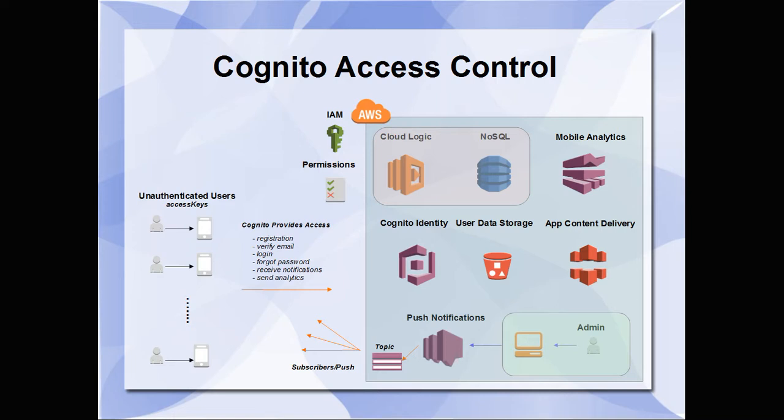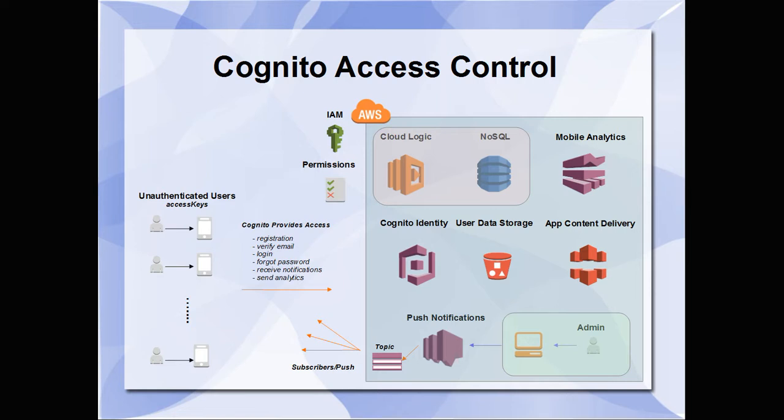Now, what has happened here is that when this application on the mobile device gets fired up, it will ask Cognito Identity for an anonymous token that we could use, so we could use services on Amazon as an anonymous user of a mobile app associated with the Mobile Hub generated services.